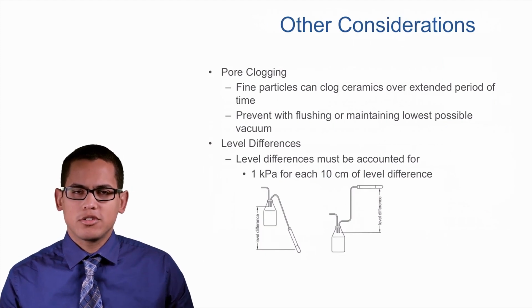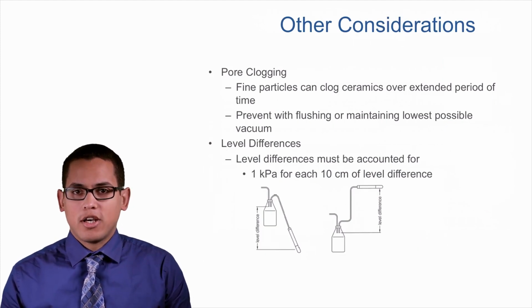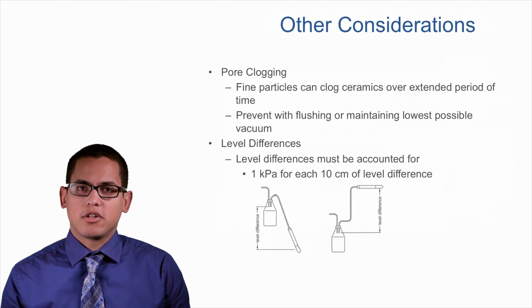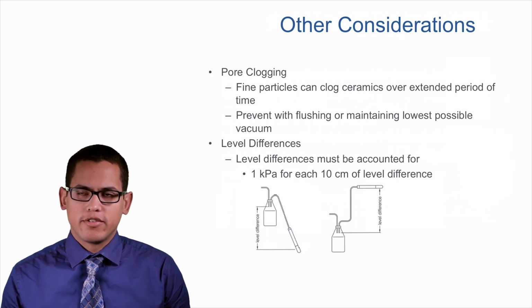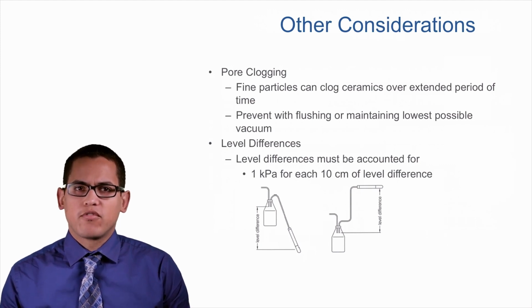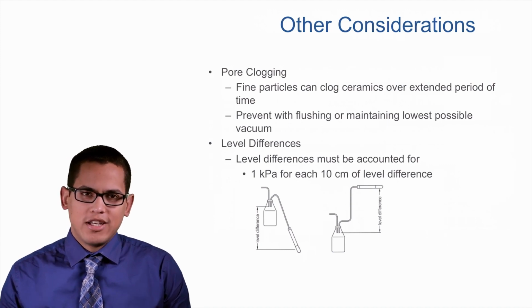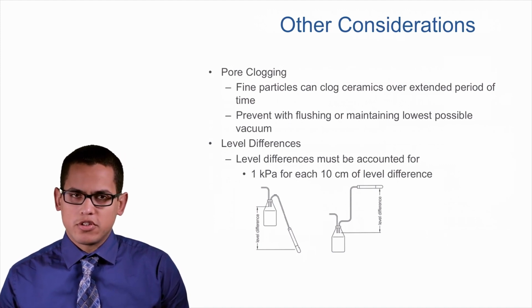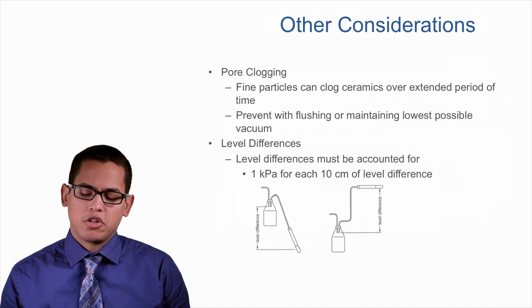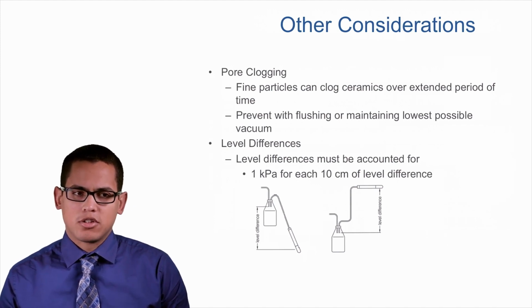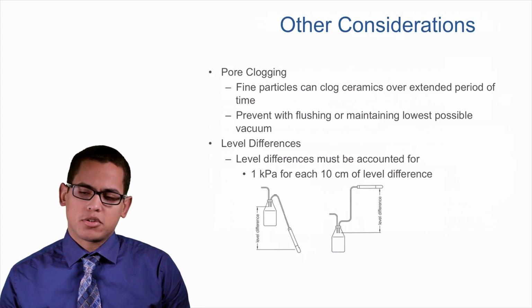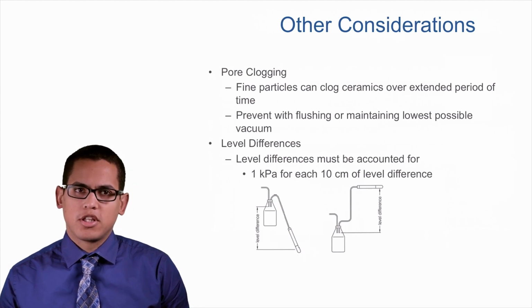Some other considerations. Over time, the pores for samplers can begin to clog. Fine particles, especially if you're working in a clay soil or a very silty soil, can clog the ceramics over an extended period of time. I'm talking about usually over a couple of years. So if you're really trying to set up a long-term monitoring project, this is something that you'll need to consider.